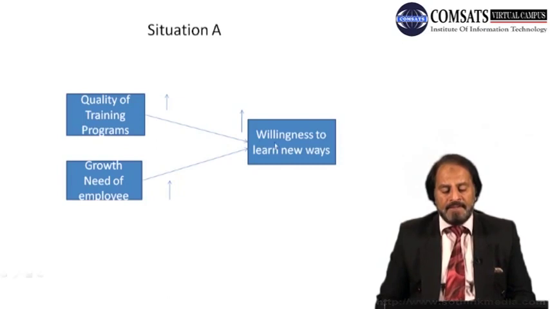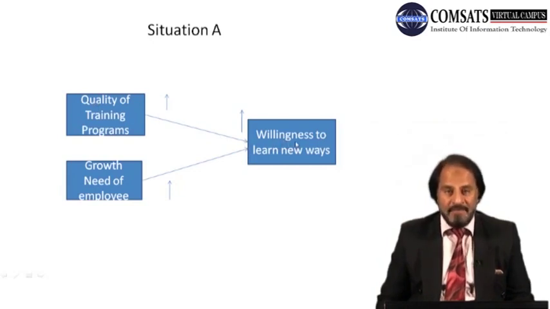But in the moderating case, we're not saying there is a change in the moderating variable and the dependent variable changes. Rather, we're saying that the relationship between these two variables will change.